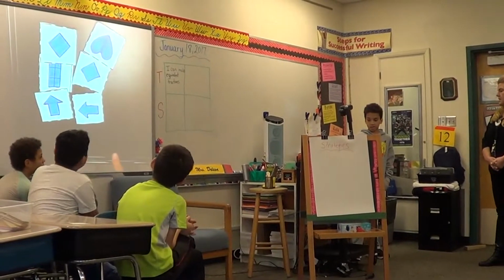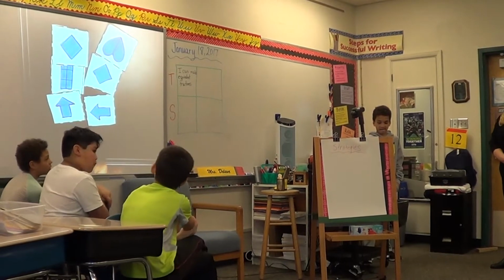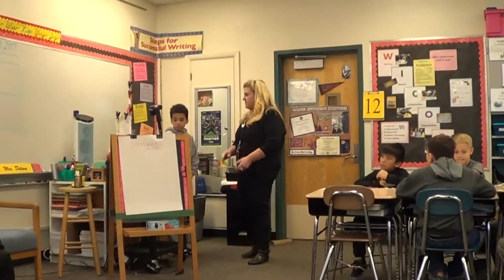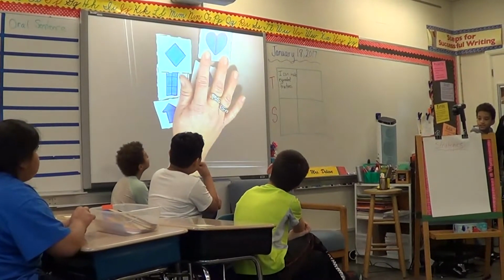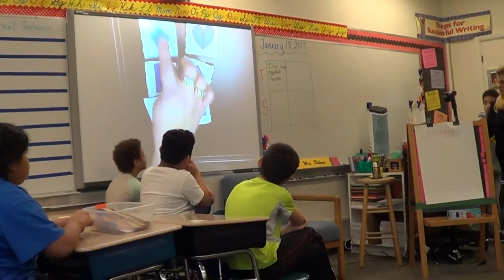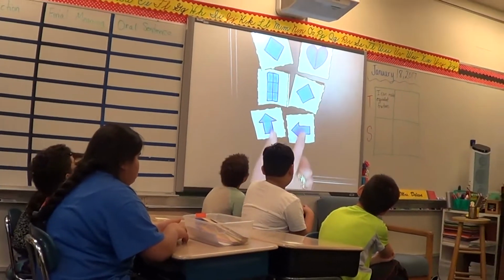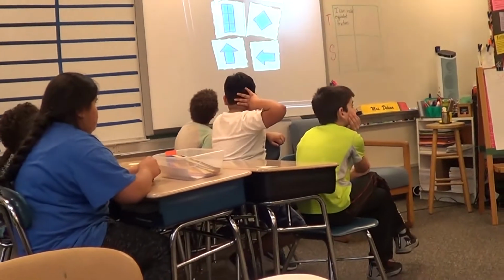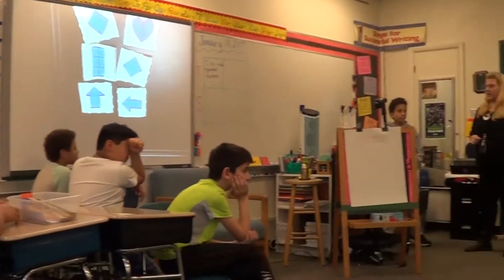Okay, so that would make them what? Wholes. Wholes. Okay, and I was talking to their group earlier, and they noticed that some of them were divided. This one's divided into halves. Okay, this one is divided into 6. But you guys came up with they all were colored in, so they also make one whole. So you guys changed your mind, didn't you? About how you were going to classify them?